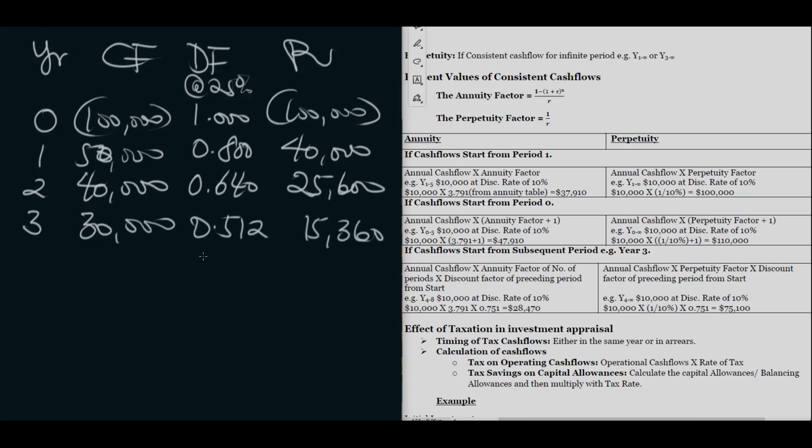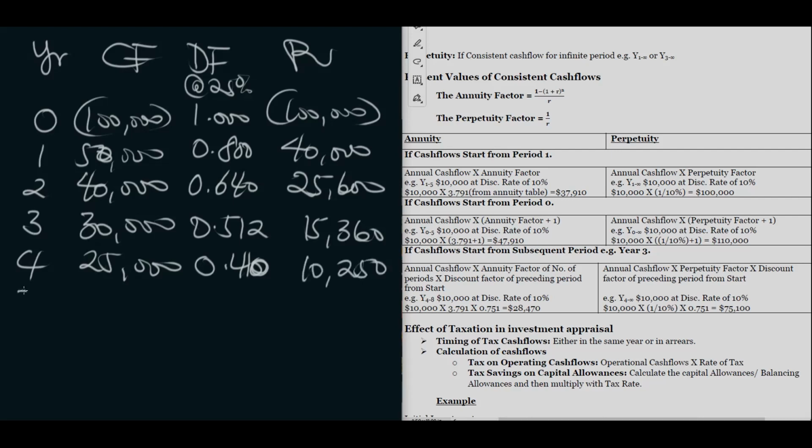In year 4, it was 25,000 with a factor of 0.410. So 25,000 by 0.410 gives 10,250.